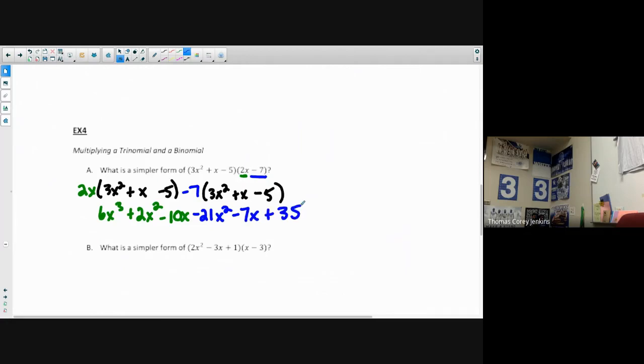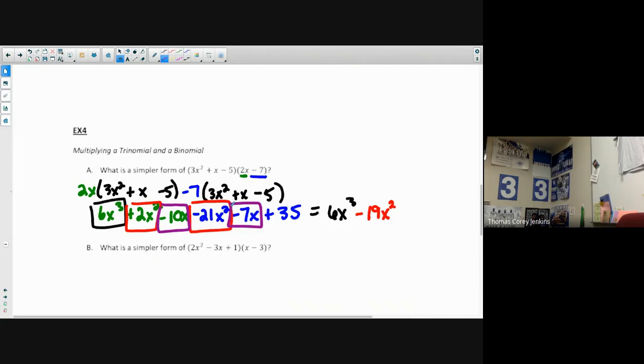So probably going to have some like terms at the end. So let's work through those. 6x cubed is the only x cubed term. Then we have 2x squared and minus 21x squared. So 2 minus 21 would be minus 19, so minus 19x squared. And you have minus 10x and minus 7x.